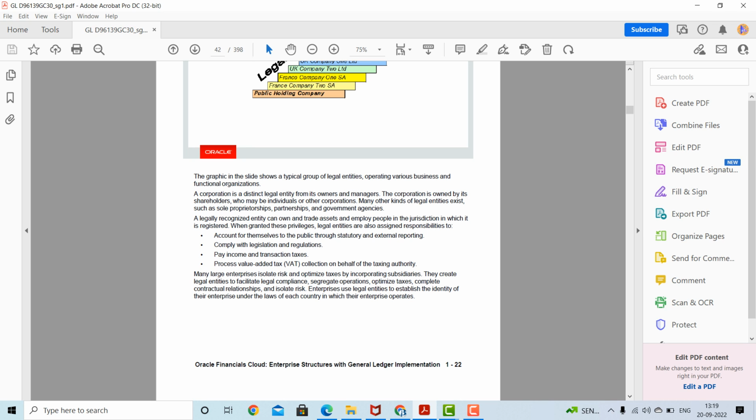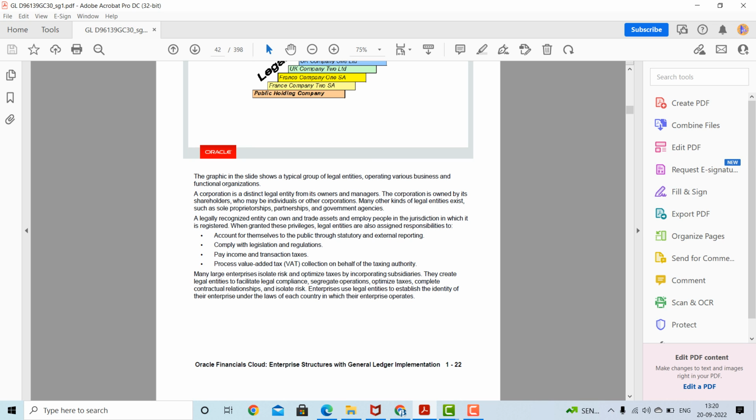A corporation is a distinct legal entity from its owners and managers. The corporation is owned by its shareholders, who may be individuals or other corporations. Many other kinds of legal entities exist, such as sole proprietorships, partnerships, and government agencies. A legally recognized entity can own and trade assets and employ people in the jurisdiction in which it is registered.